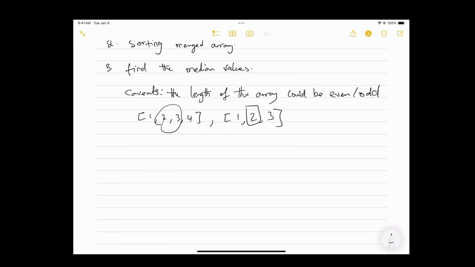Alright, so we need to find if our array, that's step 4, is even length or odd length. Then the 5th step is return median.